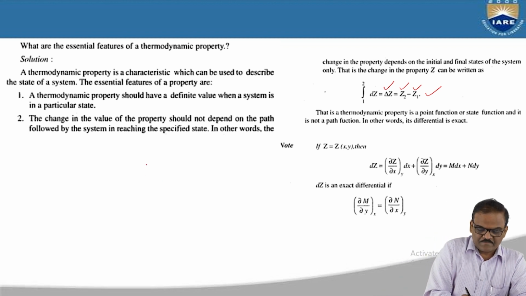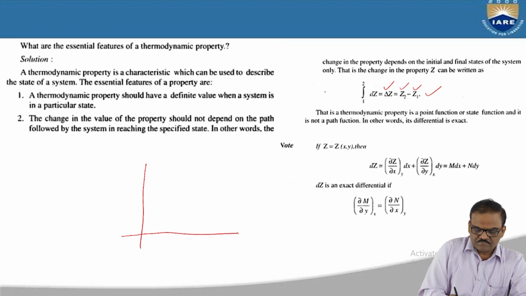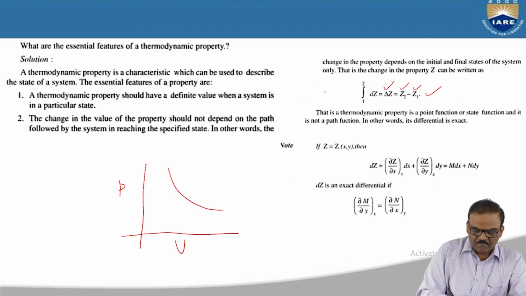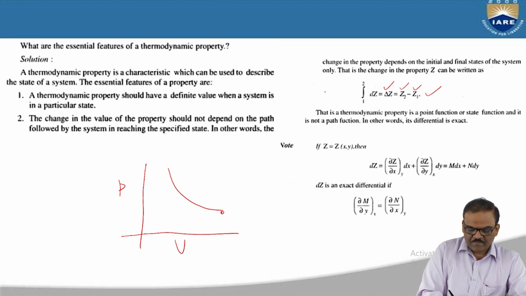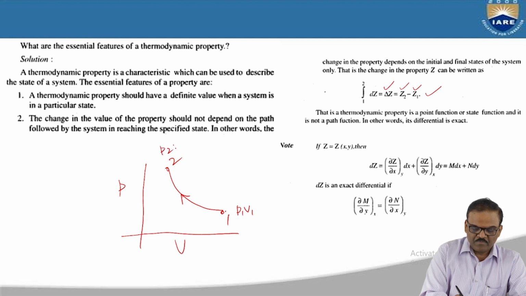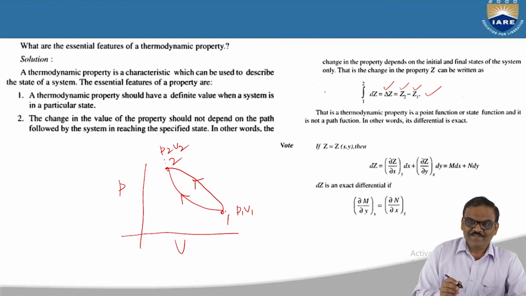So if you see here, P and V, when you go from state 1 to state 2, the path is like this, but at 1 you will have the coordinates P1, V1, and here P2, V2. Whatever path you take, even if you take this path also, the volume and pressure will not change.